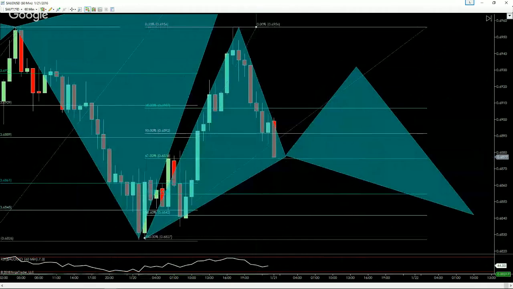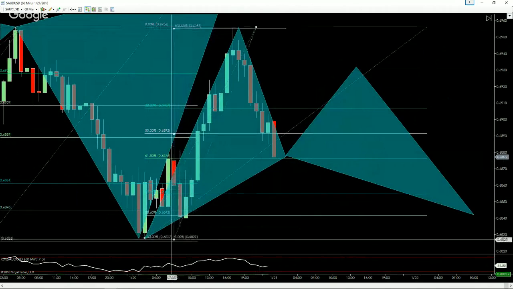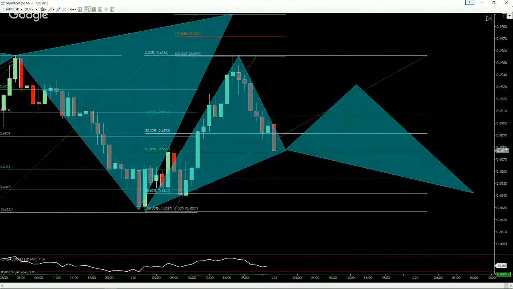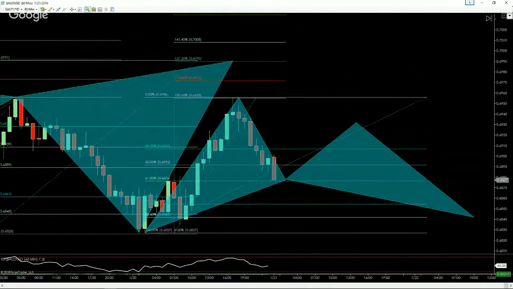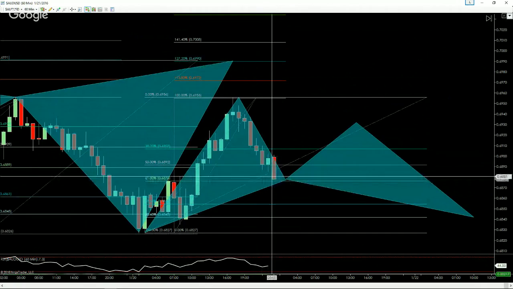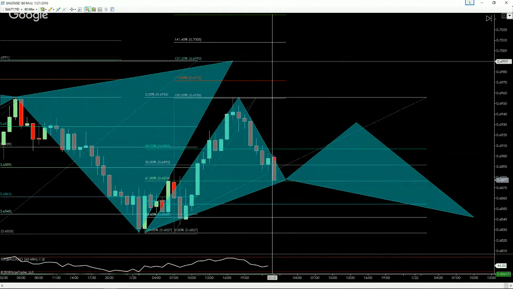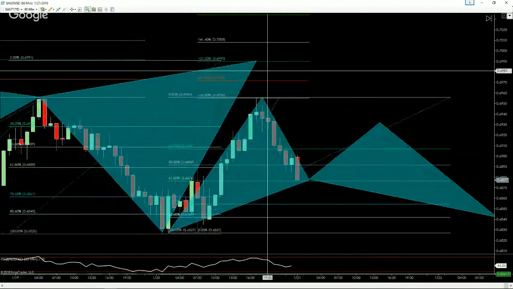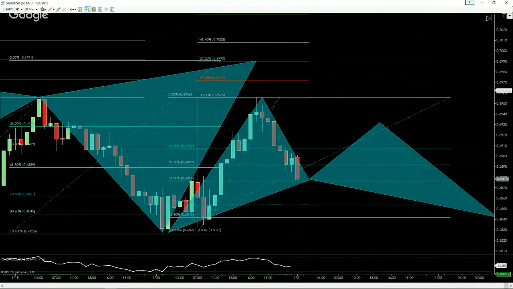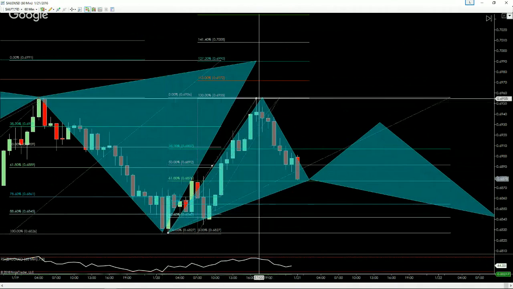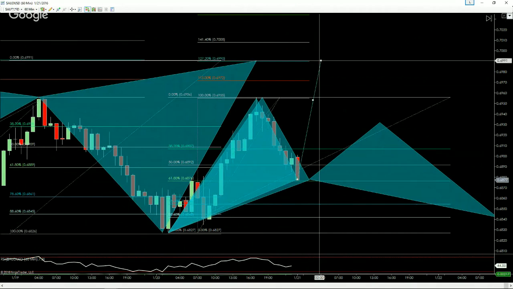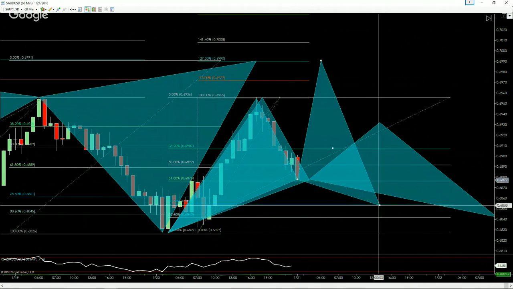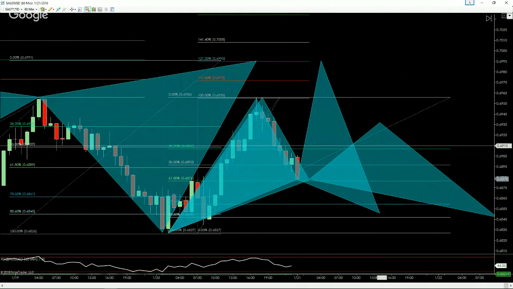The other thing that could happen is if price just reverses right here on this level and comes back up right here to complete our Gartley pattern, we could also potentially have a cipher pattern that could complete.